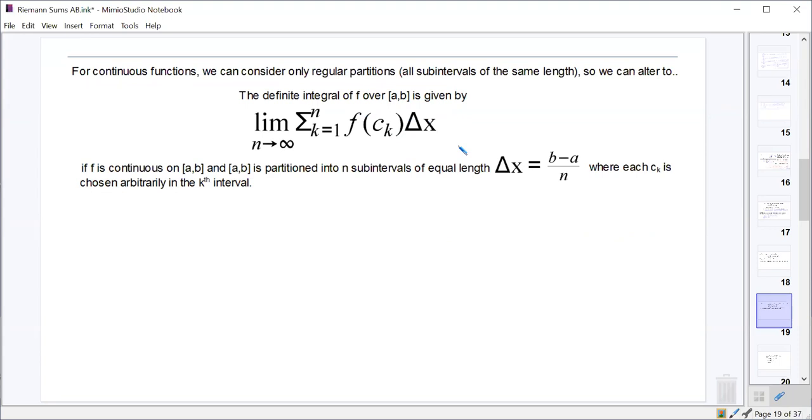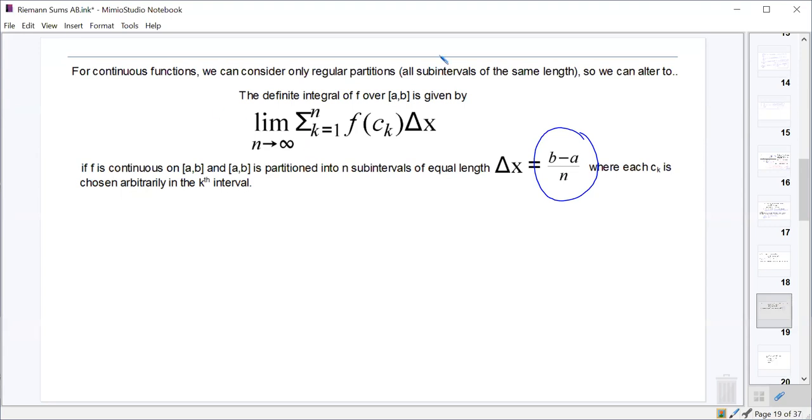So now it's just a delta x, and delta x is b minus a over n, where b is the end of the interval, a is the beginning of the interval, and n is the number of subintervals. And so we're going to look at that as n approaches infinity. That's what we're going to end up doing tomorrow. We'll talk a little more about that again, because I know we're sort of out of time here, but that's the gist of what we're doing.